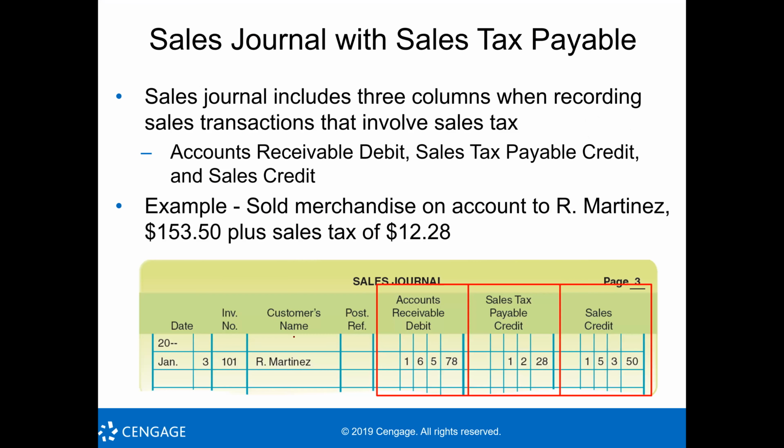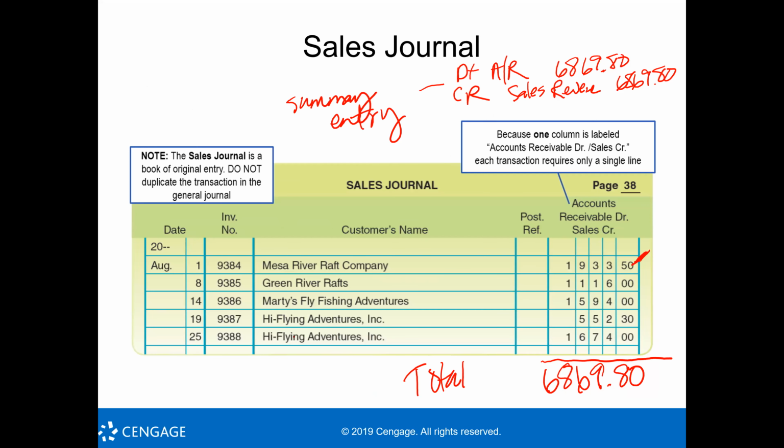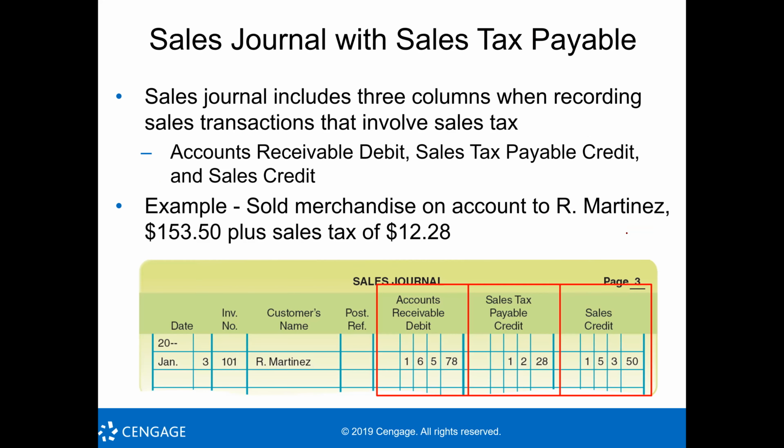All right, sales journal with sales tax payable. Let's go back real quick, because it shows us here accounts receivable debit, sales credit. Instead of just those two accounts being impacted, when there's sales tax, we've got 3 columns being impacted.